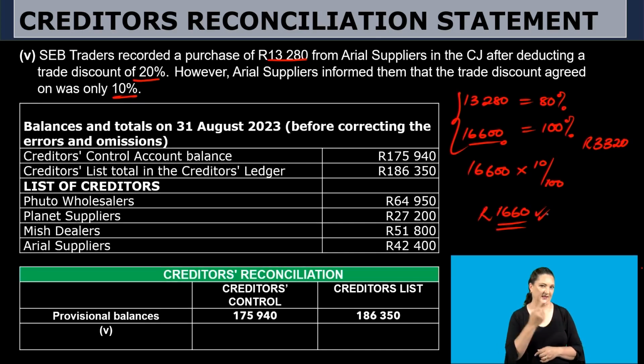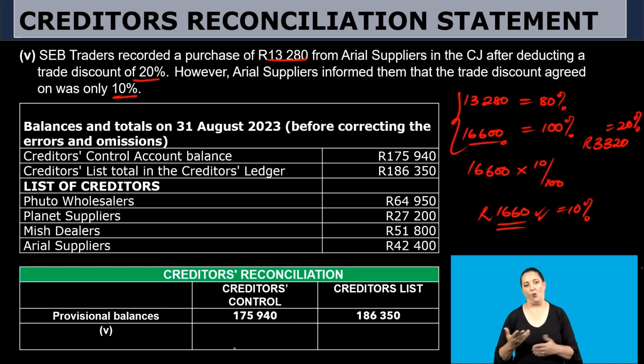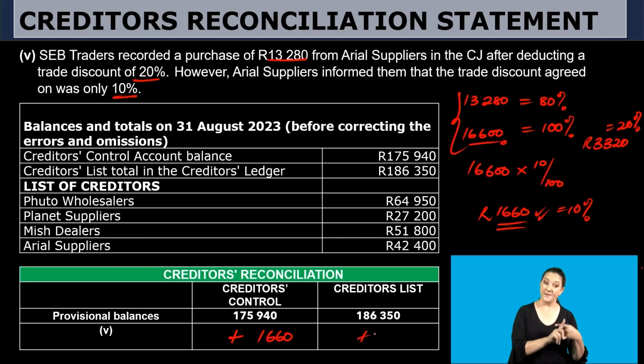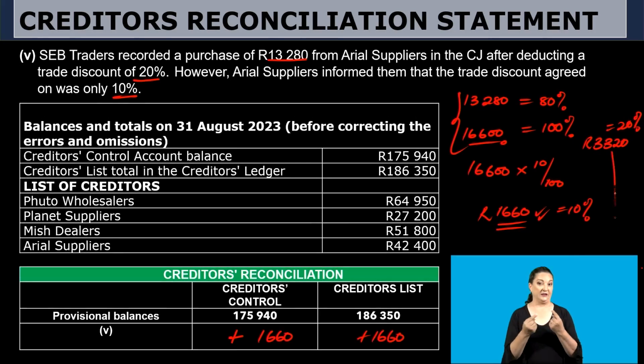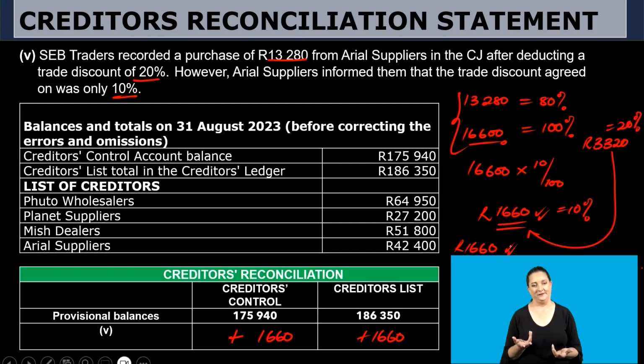So you can see that this is equal to the 20%, and this is now equal to the 10%. So to make it easy, we'll simply come and we'll now say we had subtracted more. Now let us add back. So we'll come, then we say plus 1,660. If you take the difference between these two amounts, you still get your 1,660 again, which is the amount that we had subtracted more.